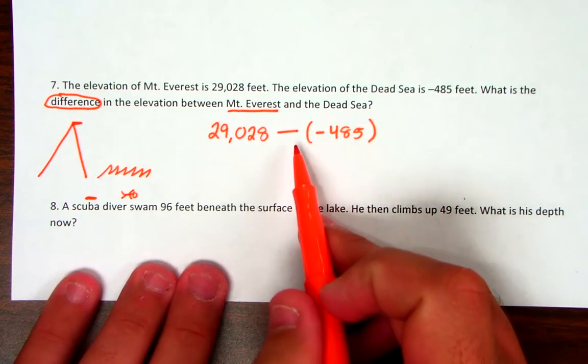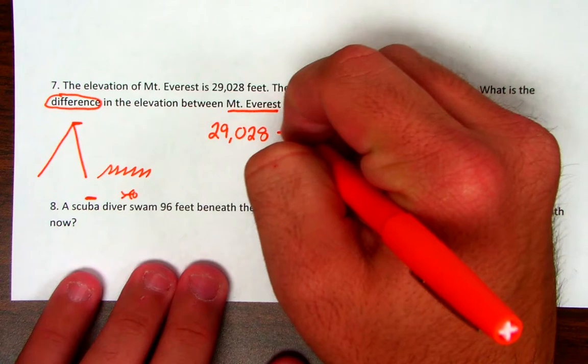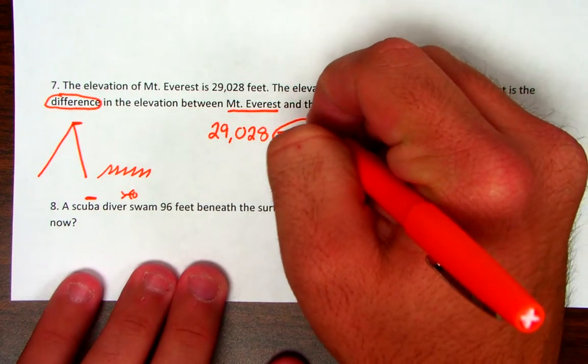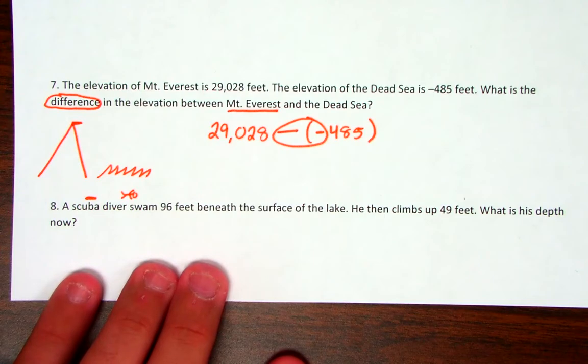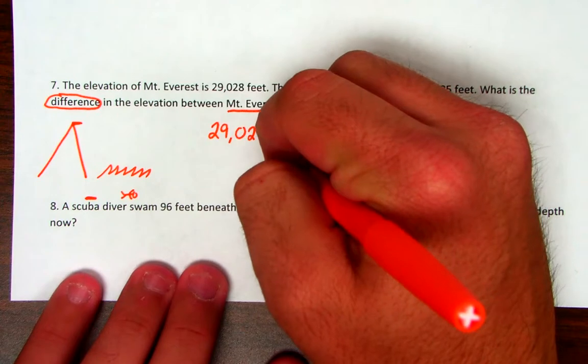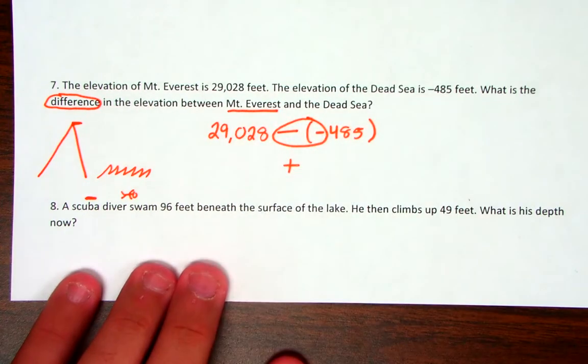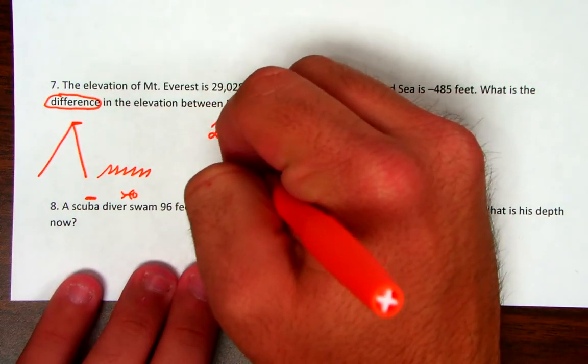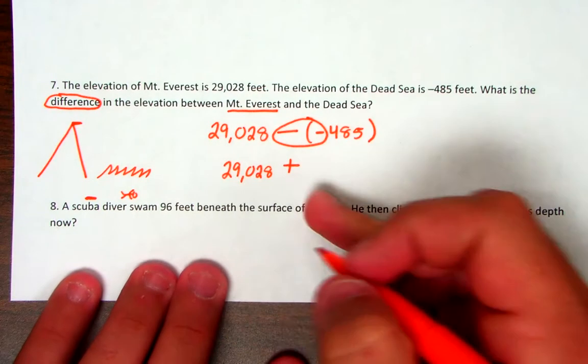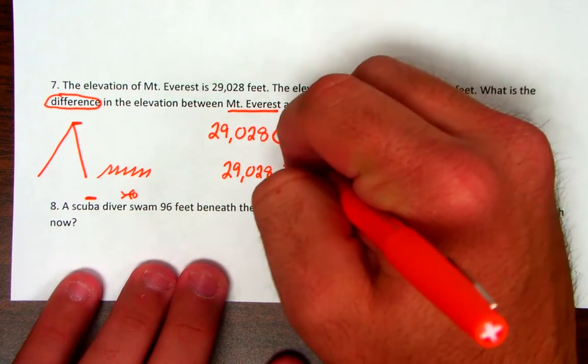If you notice here, I got a double sign. Since those double signs are the same, it is going to change to an addition problem. So you're going to take the height of the mountain and you're going to add it to the depth of the sea.